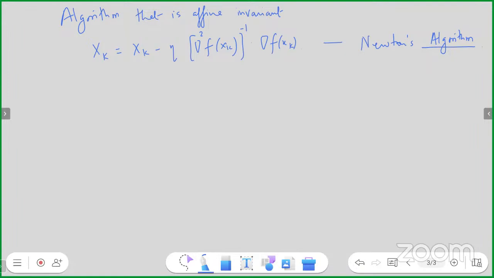Remember, we are doing this x0 is equal to A y0 transformation.